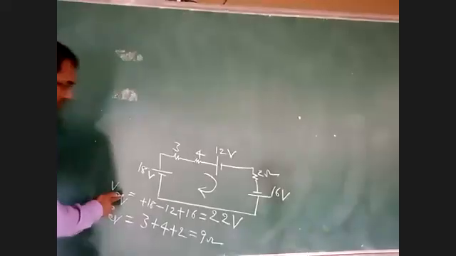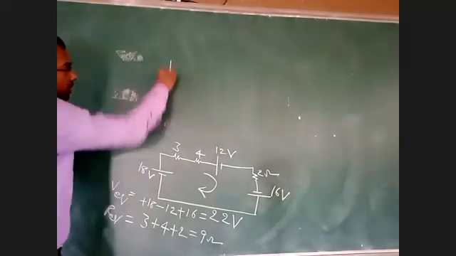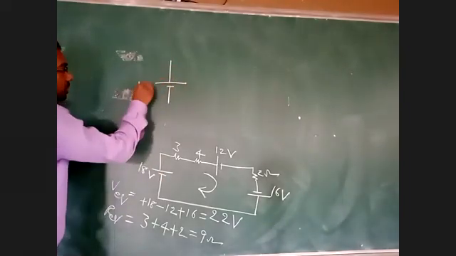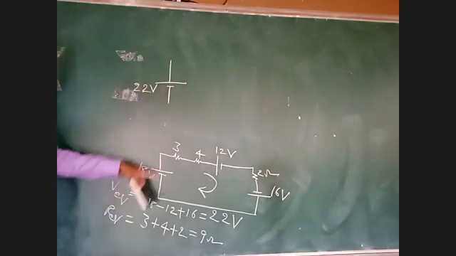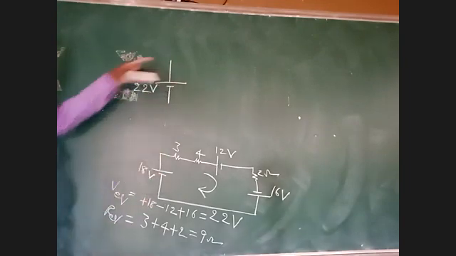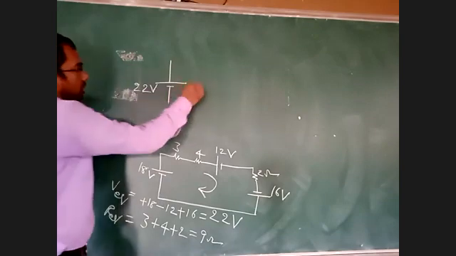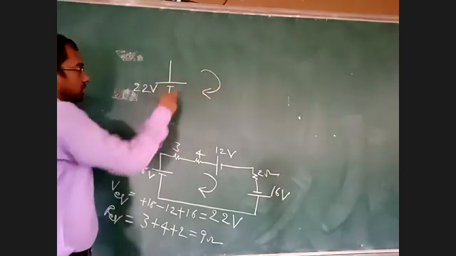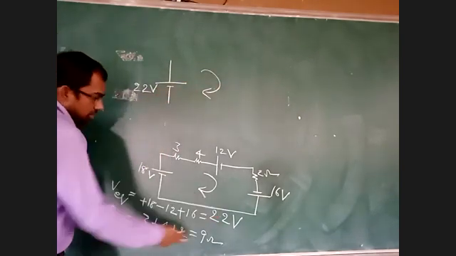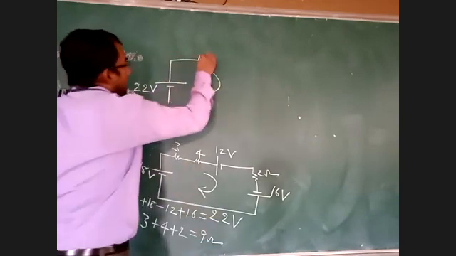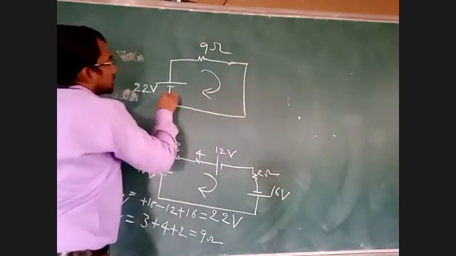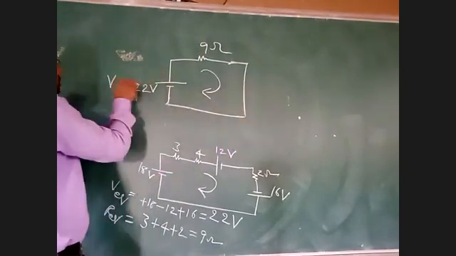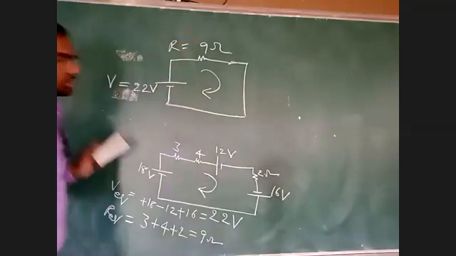Now since the V equivalent is positive, it is moving from the plus side. 22 volts is positive, 9 ohms. This is your equivalent circuit.